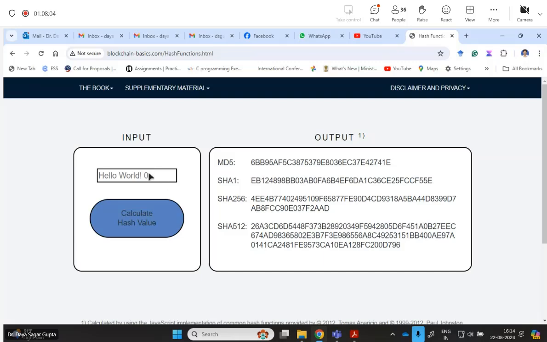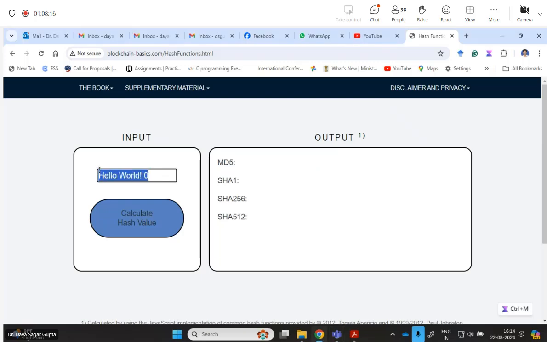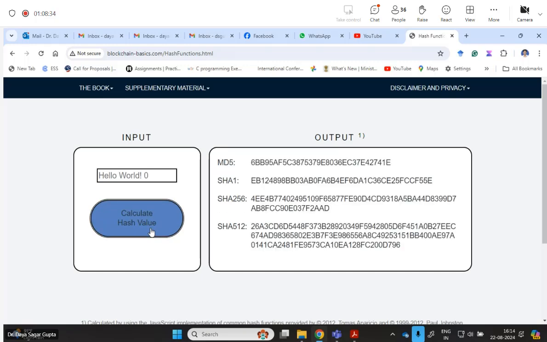I'm copying this value here. So this is one thing. Now just imagine, if I give some message here, any message, however long, a paragraph or anything else, and I click it, the hash is going to appear here.